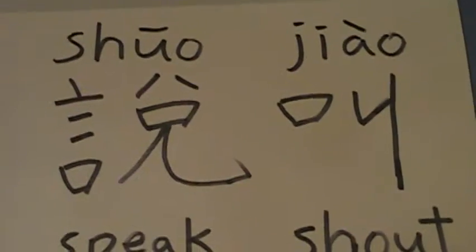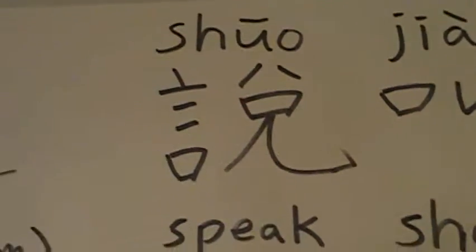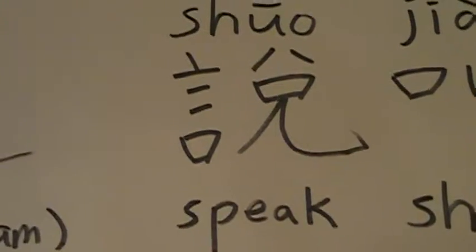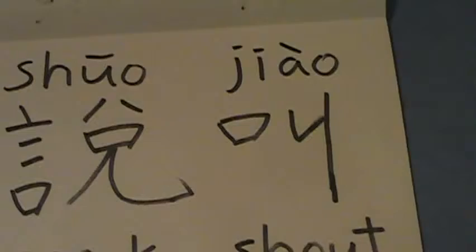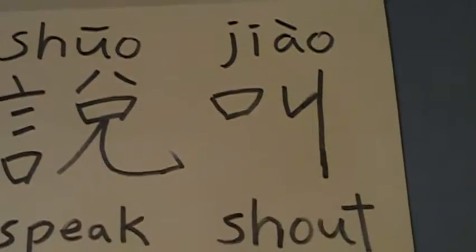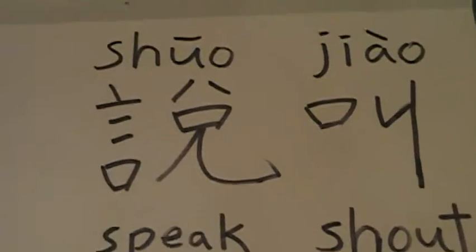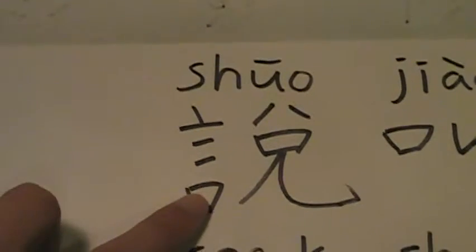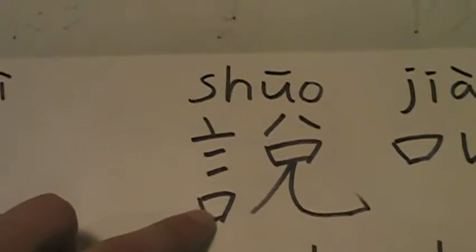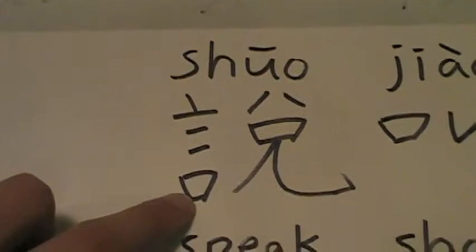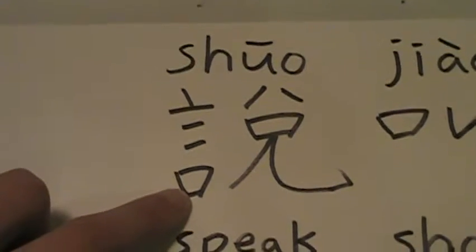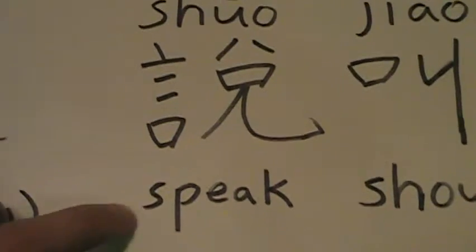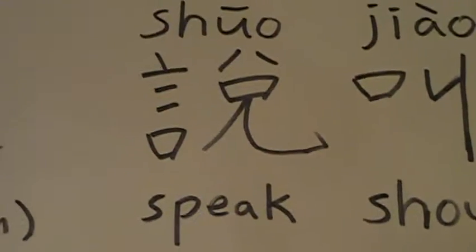The speaking verbs include 说, which means speak, and 叫, which means shout. Notice on the left side of 说, this character by itself denotes word. As in speaking, you'll require the use of words.